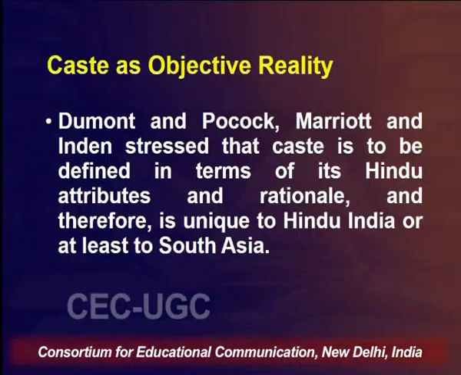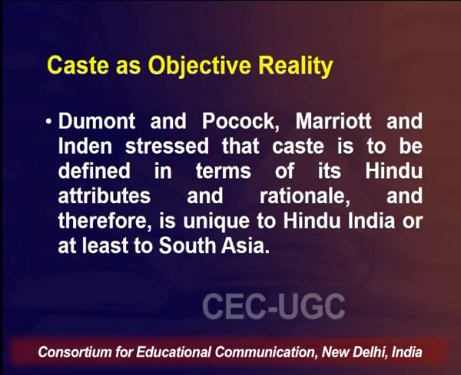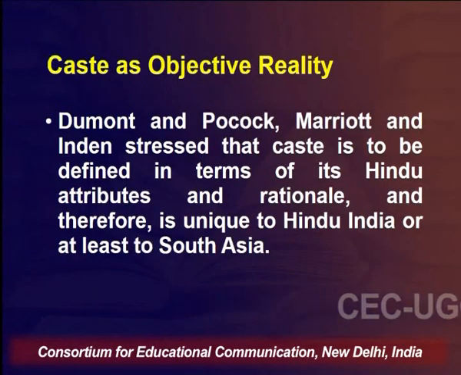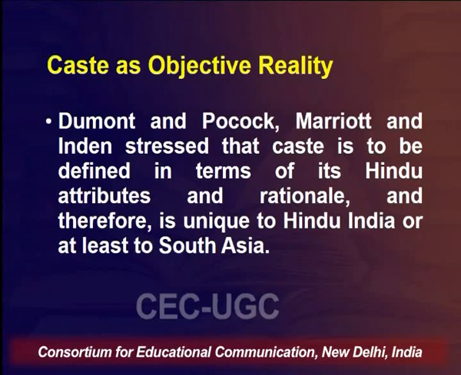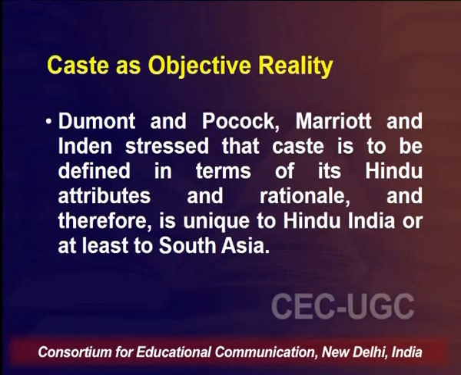So when we look into the works which have looked into it as an objective reality, the most relevant work that comes to mind is Dumont and Pocock, and also these Orientalist scholars like Marriott and Inden, and they were explaining caste as a reality which helped to understand Indian society.